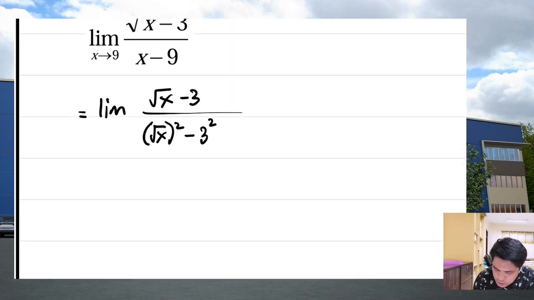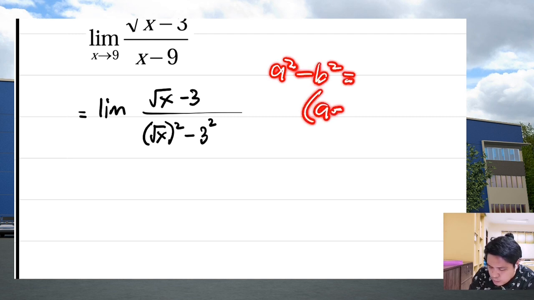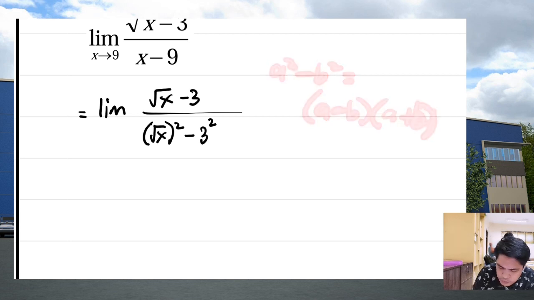So what we have in the denominator is a special product, right? This is now in the form a squared minus b squared, wherein a is the square root of x and b is 3. And we know that the factor of a squared minus b squared is the product a minus b times a plus b. Okay.